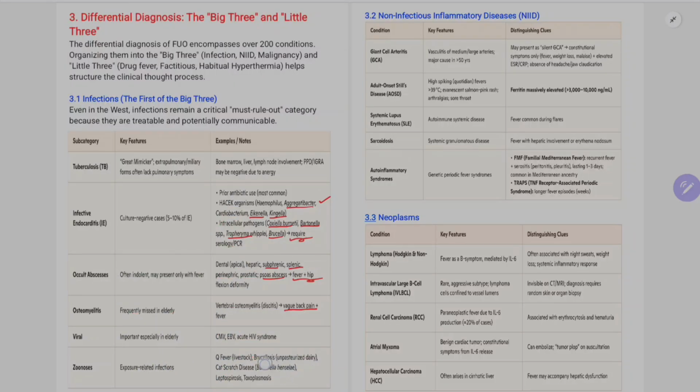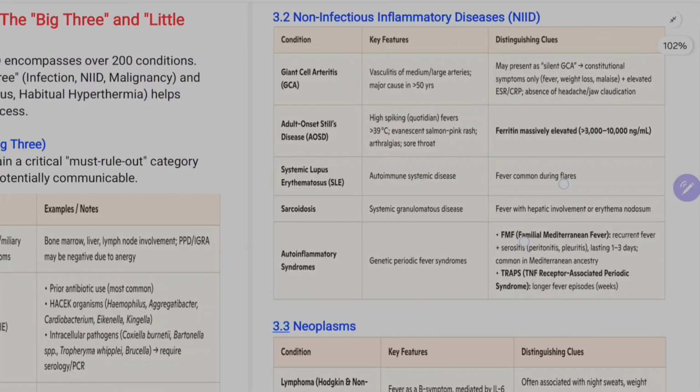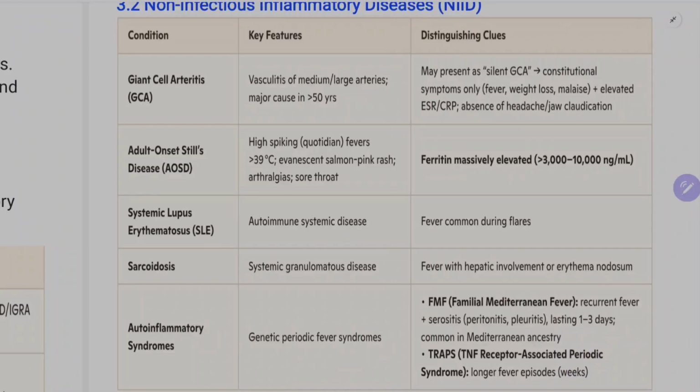Okay, now we will move on to the second cause, that is non-infectious inflammatory diseases. In that you can remember it as: number one is giant cell arteritis, adult onset Still's disease, SLE. Sarcoidosis is one thing we should add, and autoinflammatory syndromes.